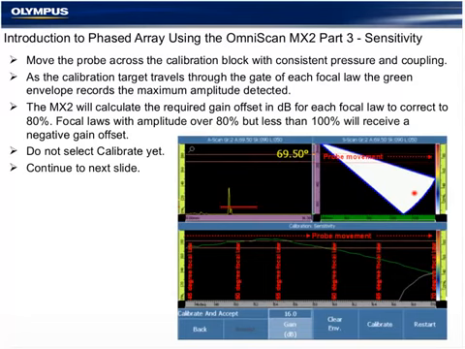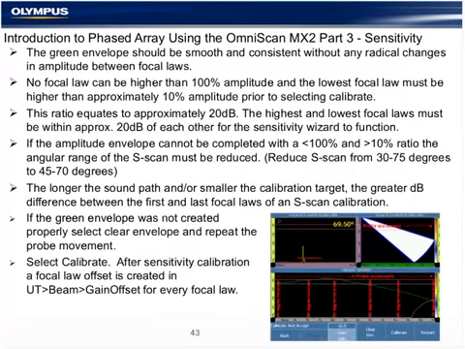Any signal that's above 100% or below approximately 5 to 10% will have an enormous error and won't allow the wizard to create the calibration. If I'm not able to complete this calibration window here, I must reduce the S-scan angular range or adjust my calibration target.